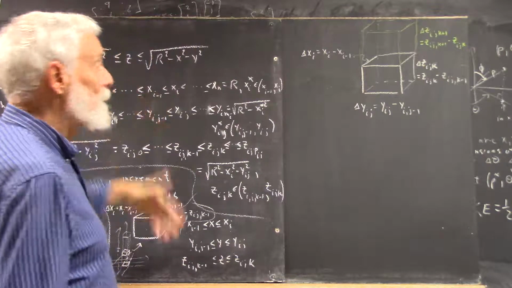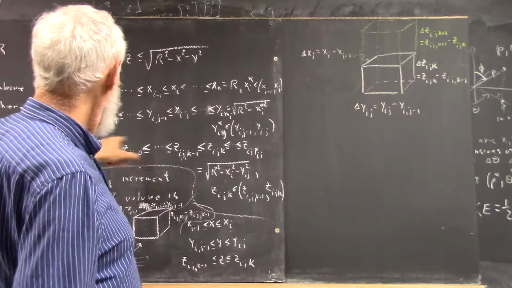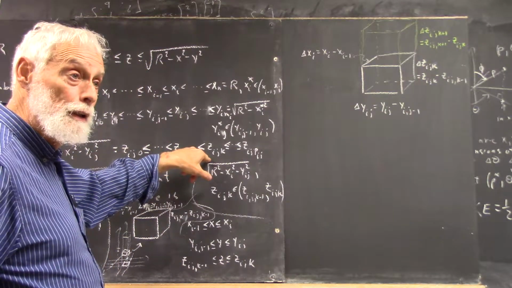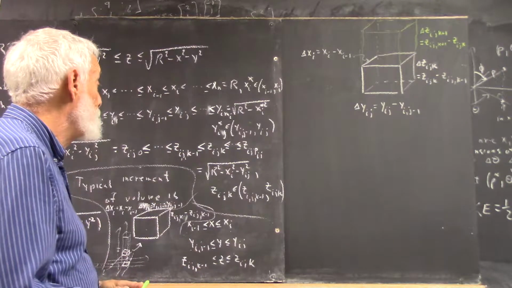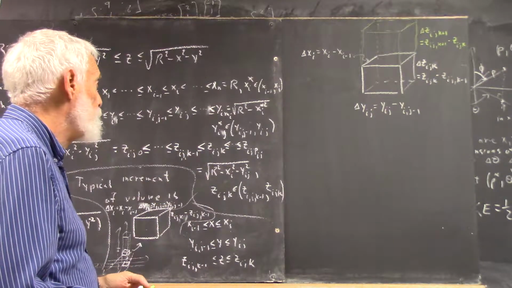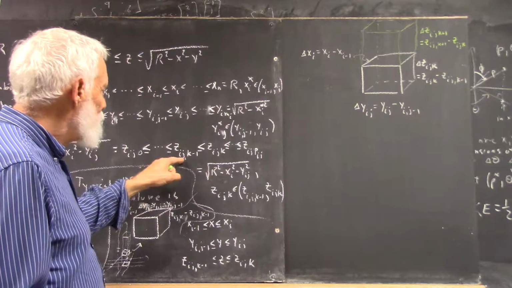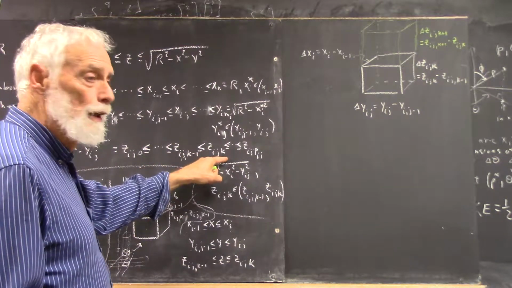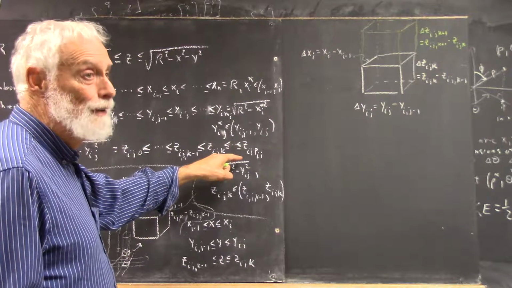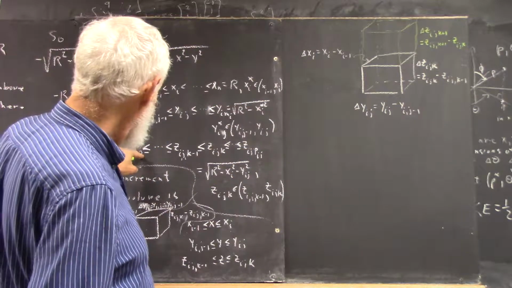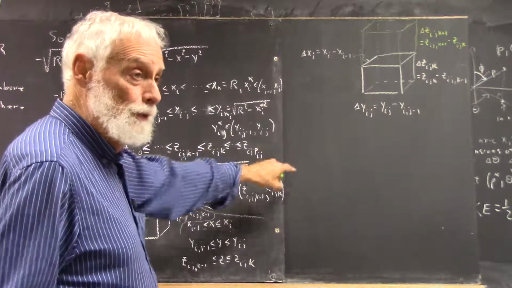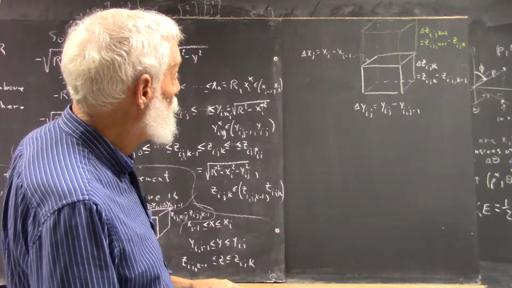Because for the next one up, k is one unit higher because of these inequalities. In other words, after ijk minus 1 and ijk, what's next? It's ijk plus 1. This last subscript keeps changing.